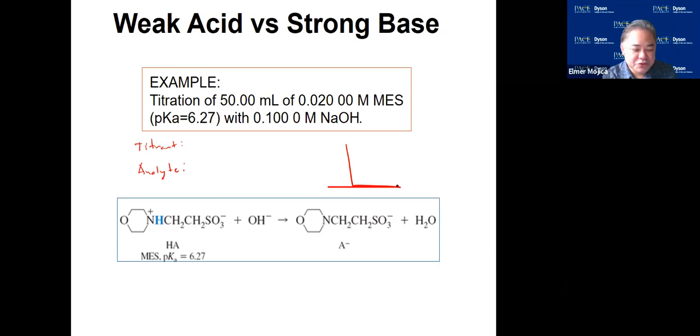So I'm giving opportunities to those who have not answered yet. Okay. So the titrant there is your NaOH. Now, how would the titration curve look like?